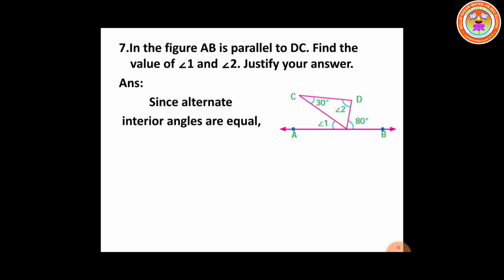Since alternate interior angles are equal, angle 1 equal to 30 degrees. Alternate interior angles are equal. Next, angle 2 is equal to 80 degrees.